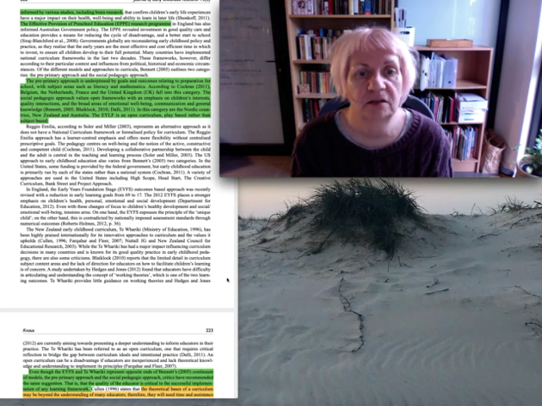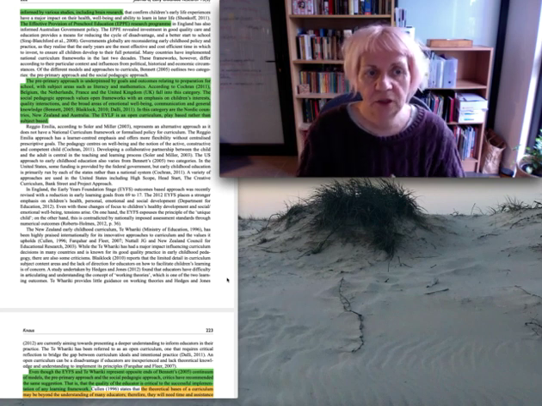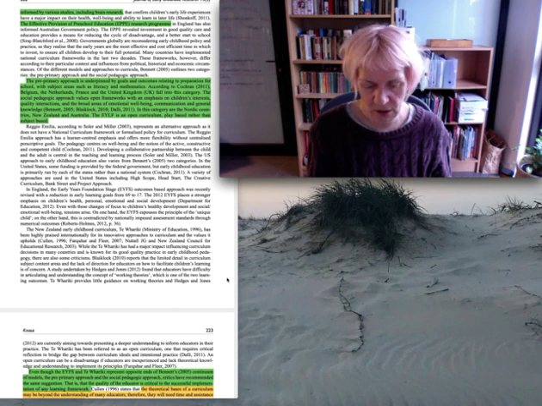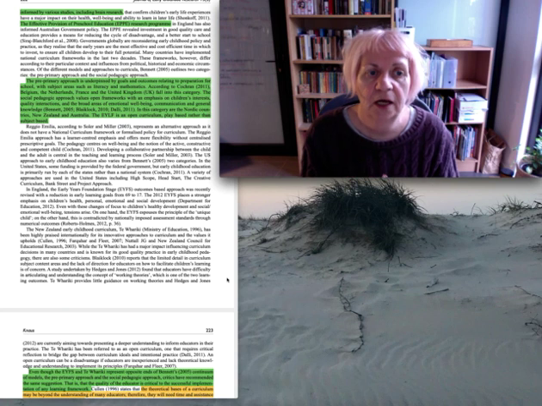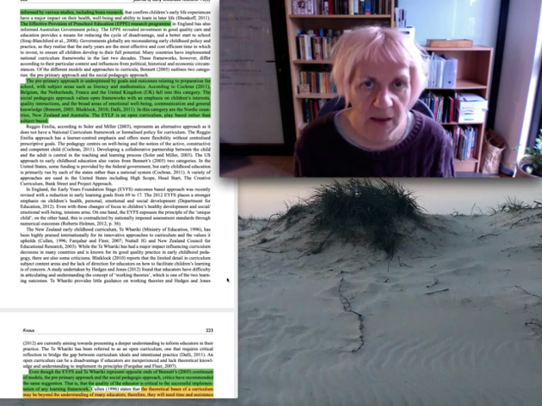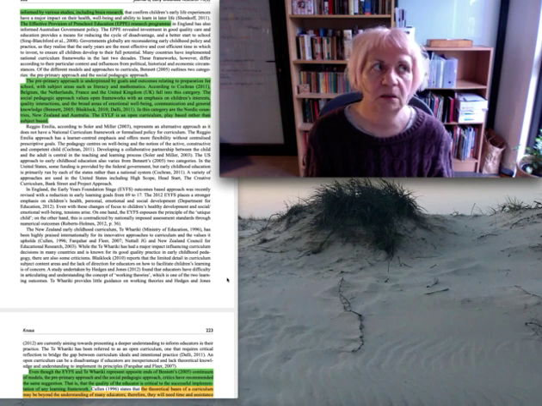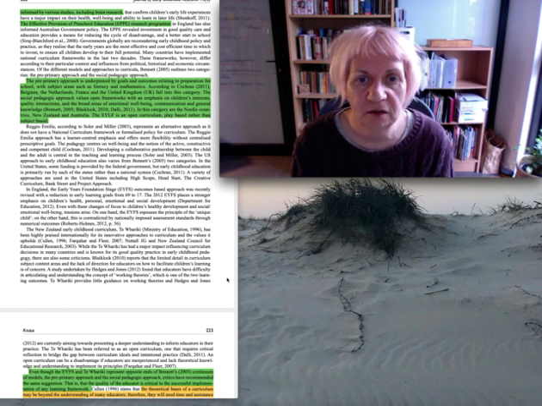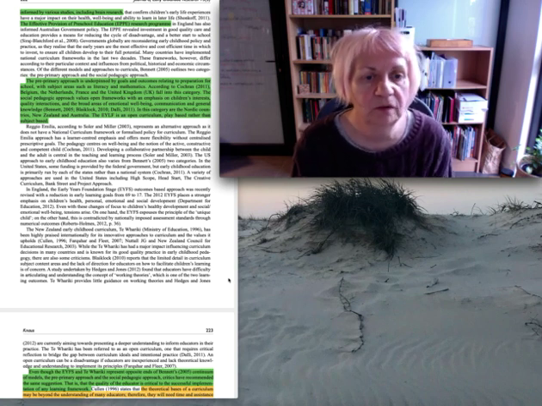And in this category are the Nordic countries, New Zealand, and Australia. So if you think that all ECE frameworks are kind of neutral documents, you need to rethink that. And this is why it's really important to remind you of the role of research on these policy documents, because they make different kinds of policy documents.